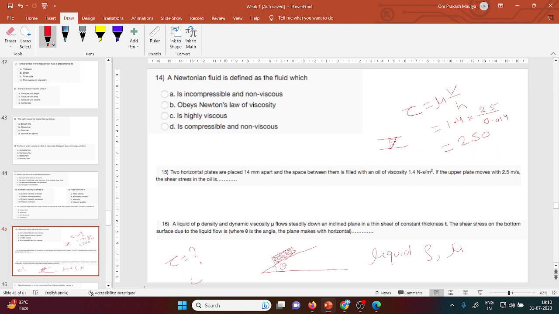You all know shear stress is the shear force, that is a tangential force, divided by area. This is the definition of shear stress.